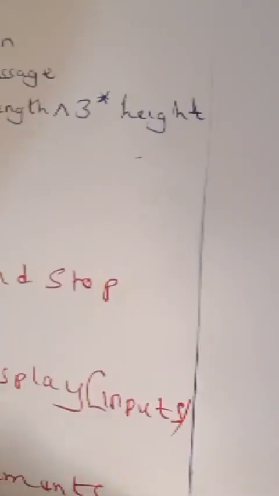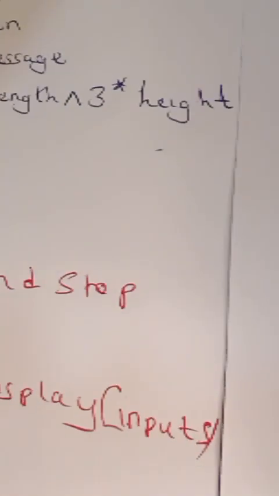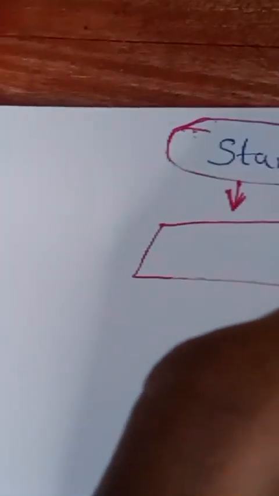And then another shape we are going to use is the parallelogram. Remember we said parallelograms represent enter or inputs and outputs. So in any area of our pseudocode where we have a display, you use a parallelogram shape. We want to use this shape here to enter our length.